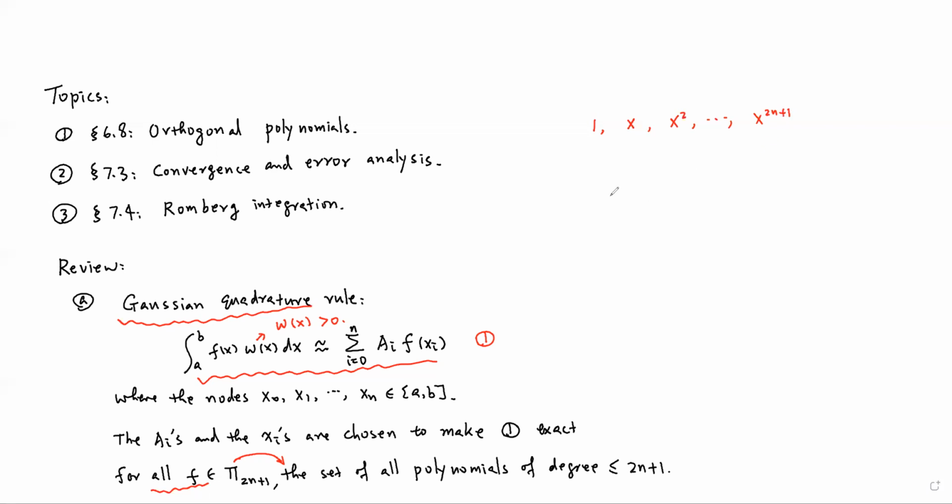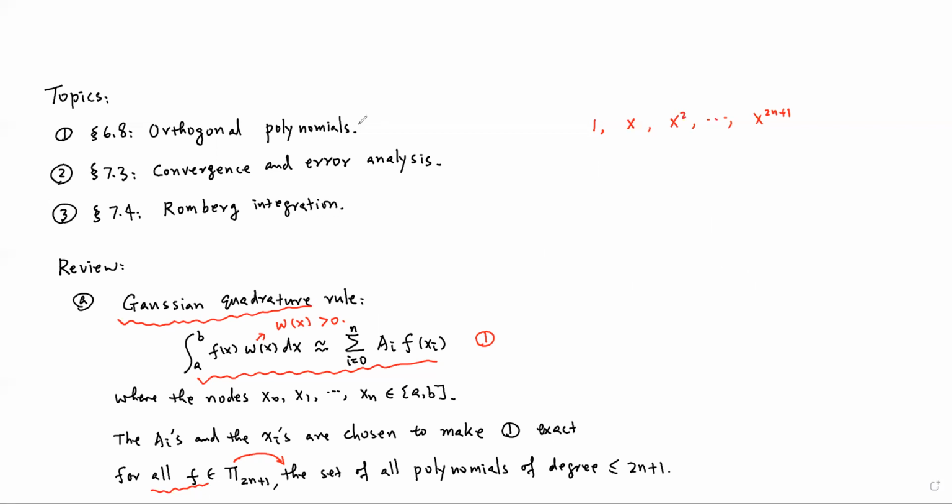Then we have 2n plus 2 equations. Those equations can determine the 2n plus 2 unknowns. But the problem is that the resulting system is a system of nonlinear equations.